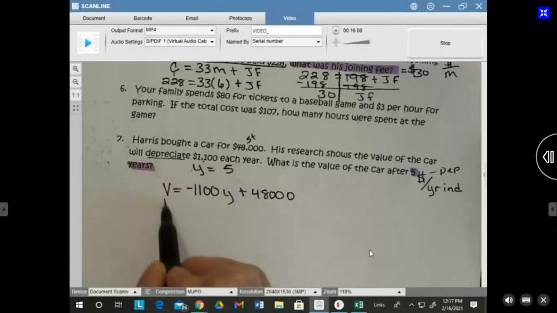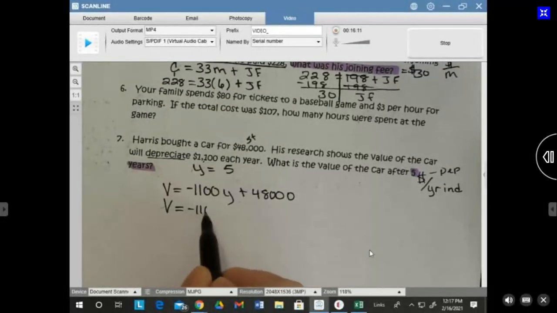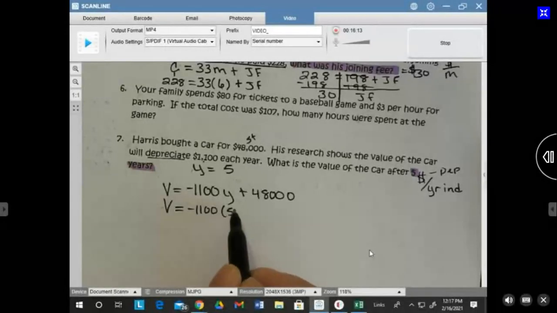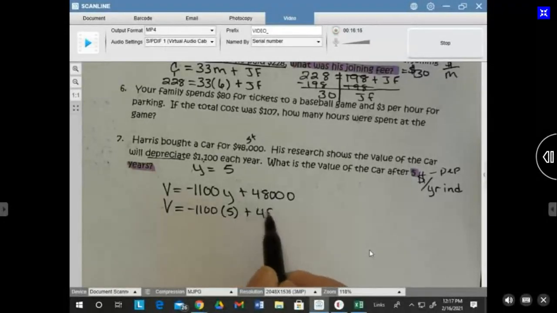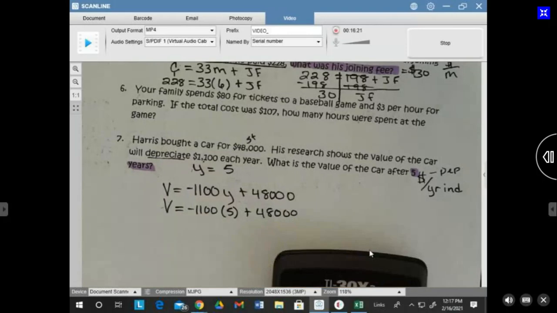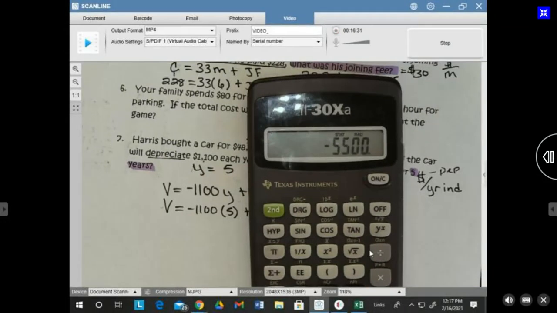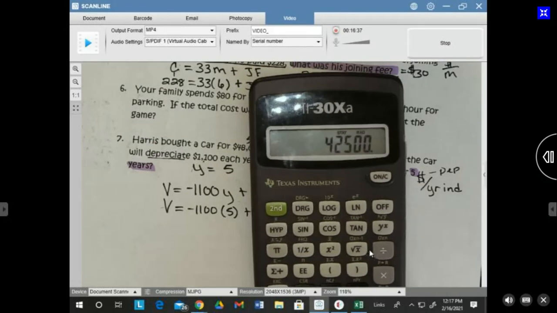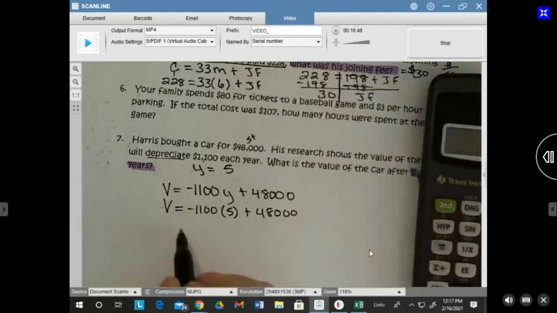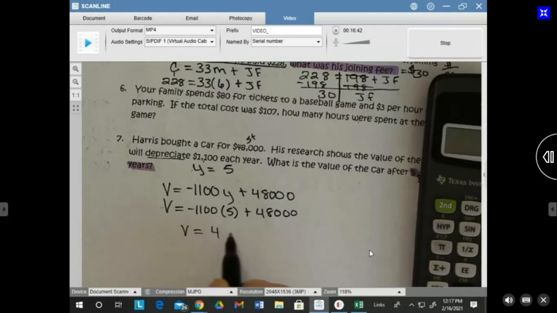So I have to say the value of that car is negative 1,100 times 5 plus 48,000. 42,500.